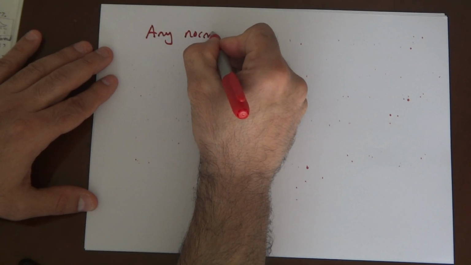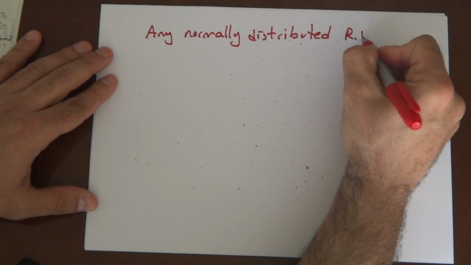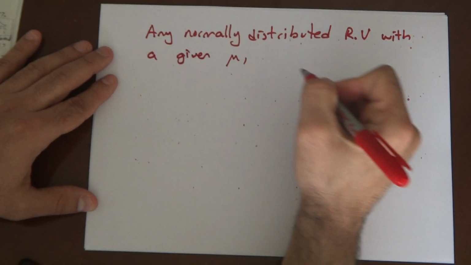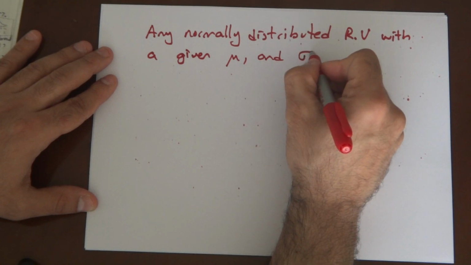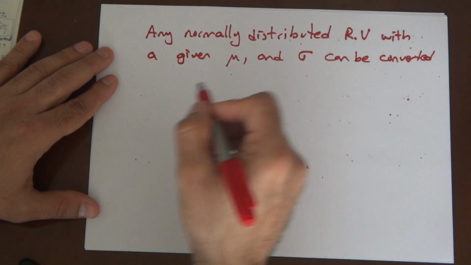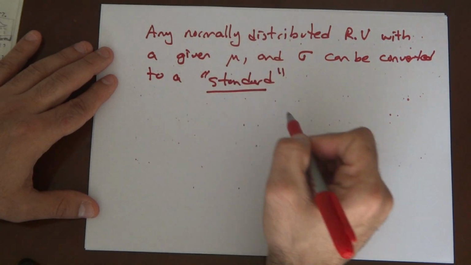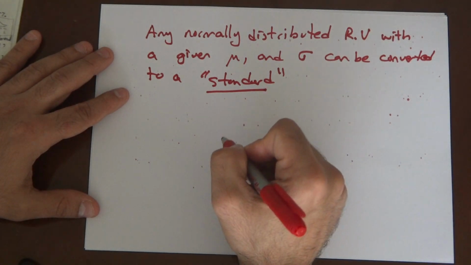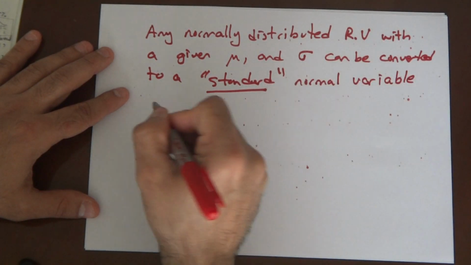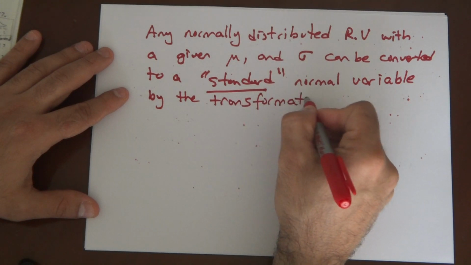Any normally distributed random variable with a given population mean and standard deviation can be converted to a standard normal variable, because mu and sigma are fixed at 0 and 1, by the transformation formula.